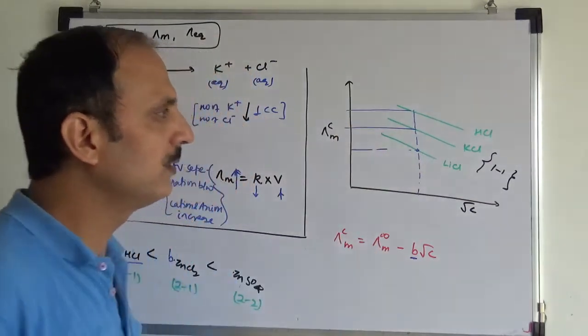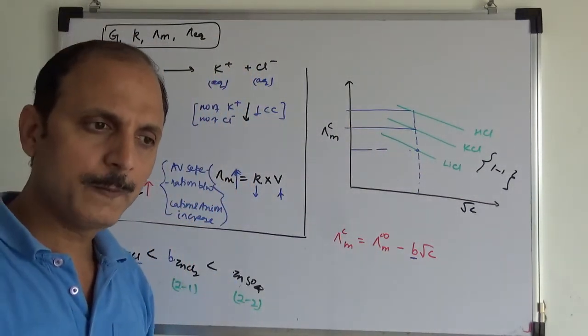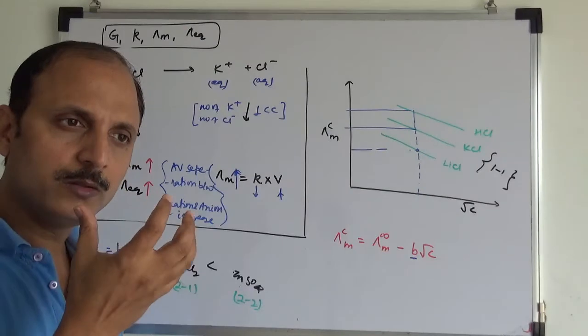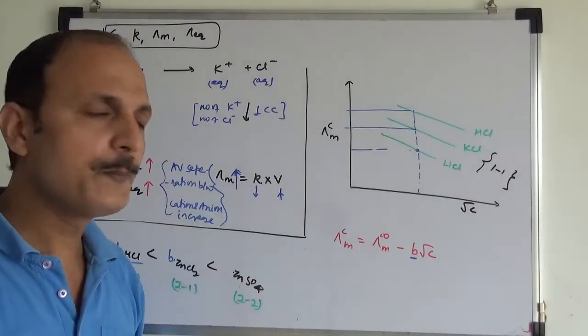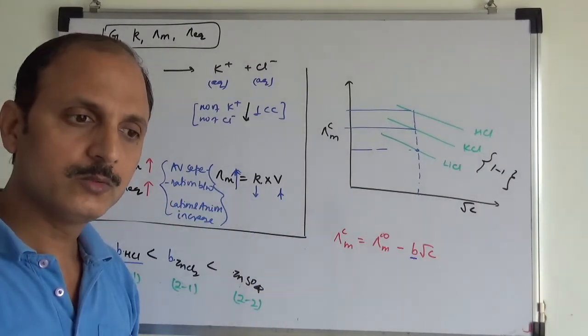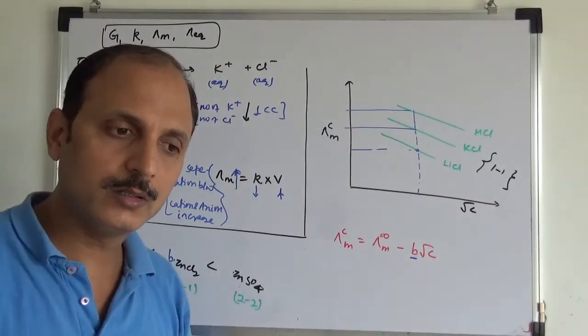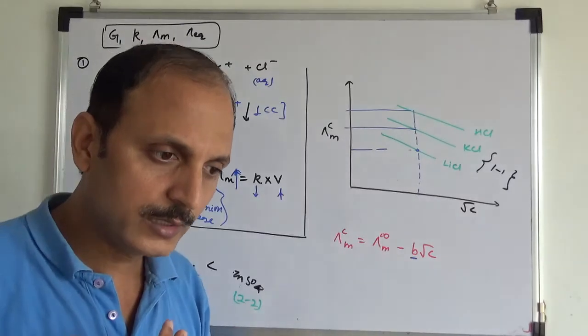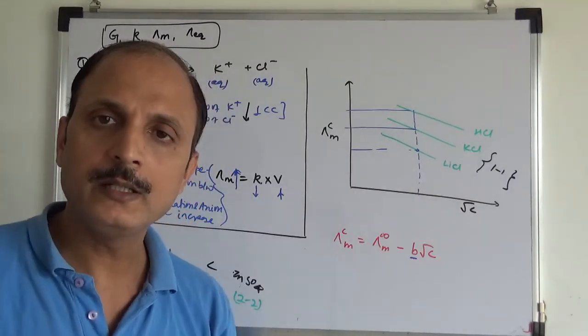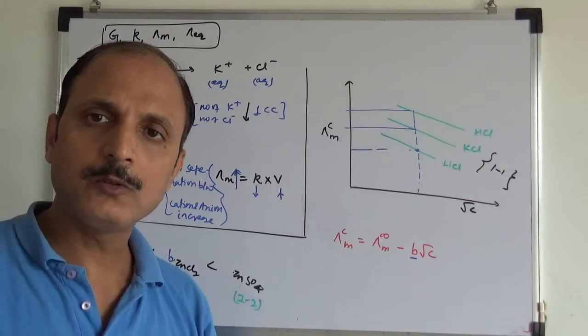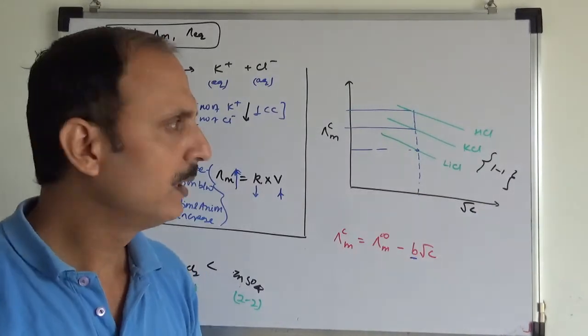ऐसा क्यों हुआ? Because Li का size काफ़ी small है, so it will be strongly attracting the Cl minus. So जैसे ही interaction increase होगा, the flow of ion will be restricted, and flow of ion कम हो गया तो conductance will decrease.